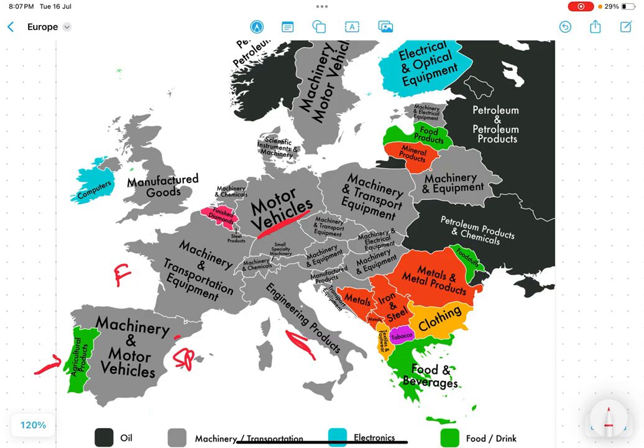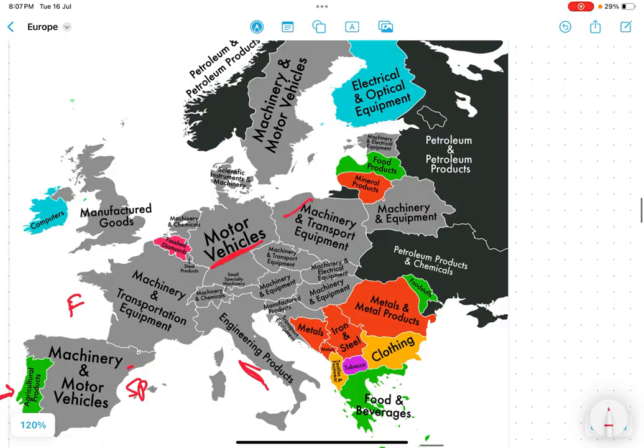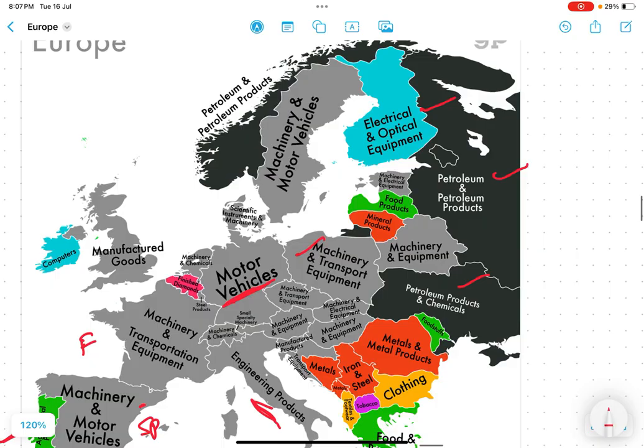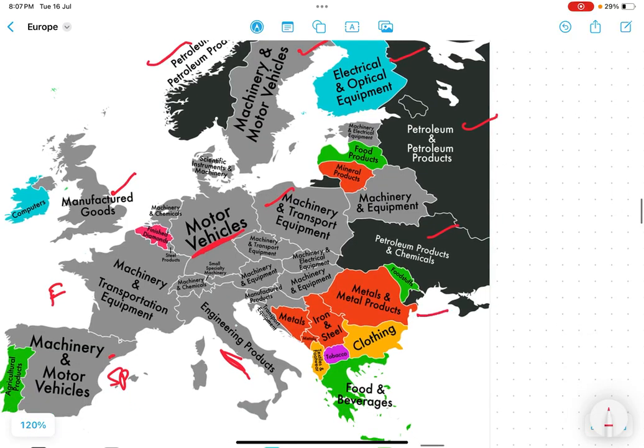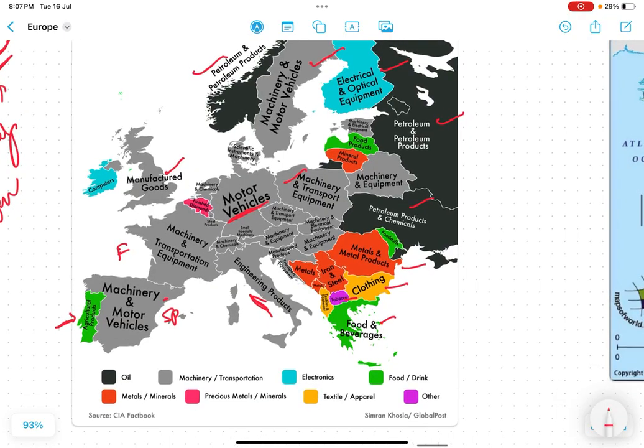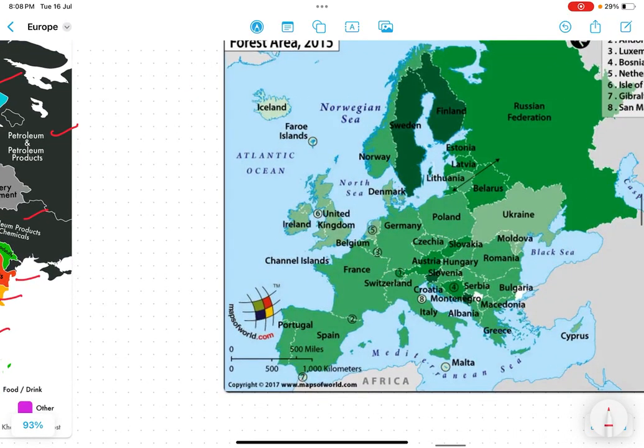Germany is of course famous for motor vehicles. Then machinery and transport equipment, petroleum products, electrical and optical equipment, manufactured goods, mineral and metals, clothing, tobacco, food, beverages. As you can see by yourself, these are the products these countries earn maximum money from, right?